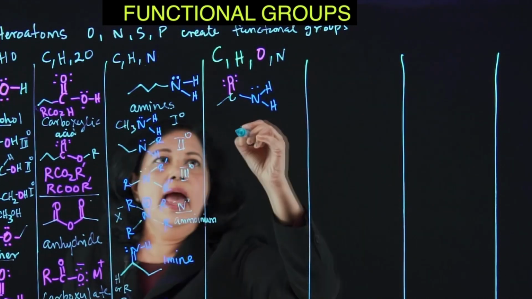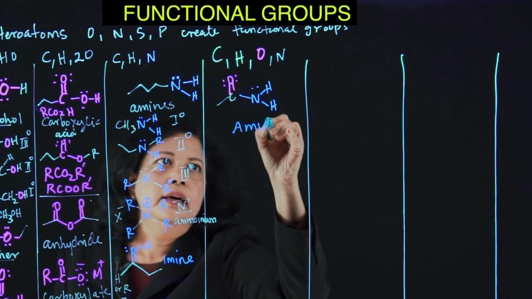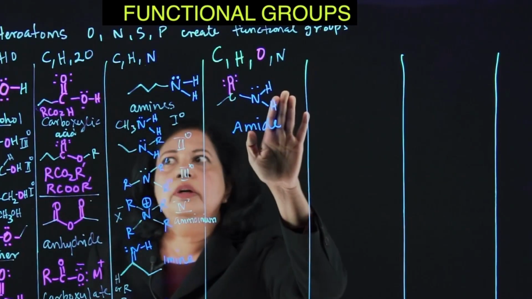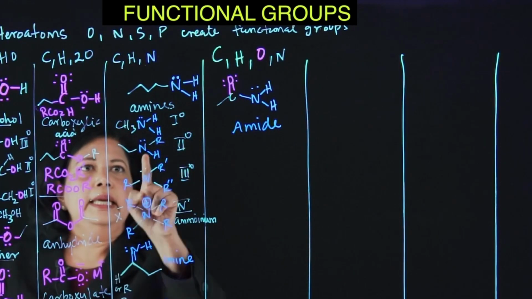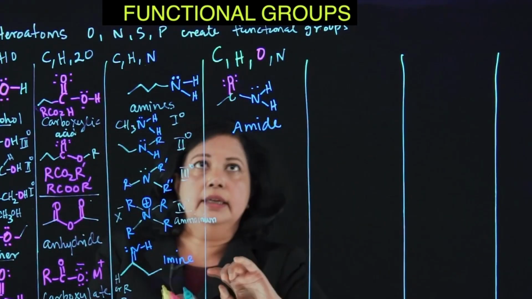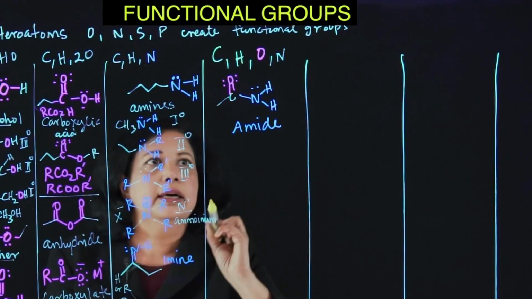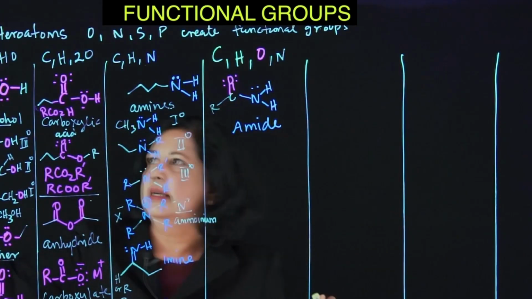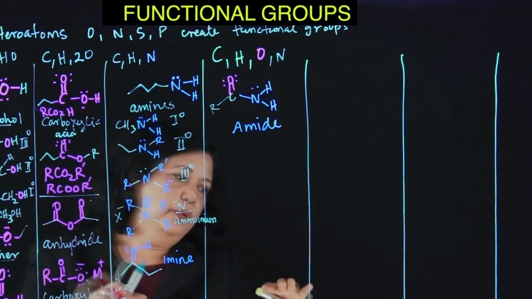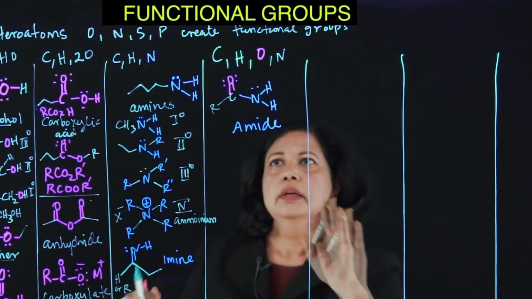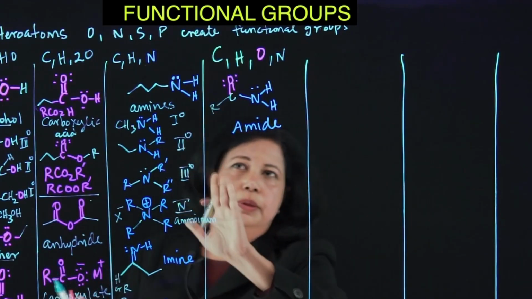That's called an amide. Even here, just like with your amine, if you have more R groups, then the numbers go up. I just put R. R means alkyl, like a chain of this, like 4-carbon butyl, 5-carbon pentyl, methyl, ethyl, some CH group.